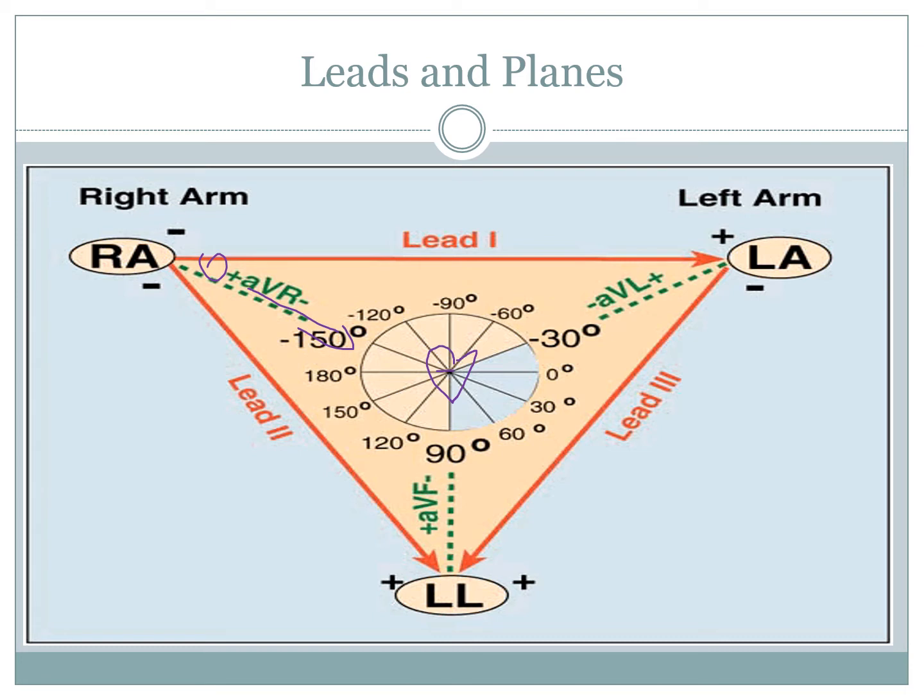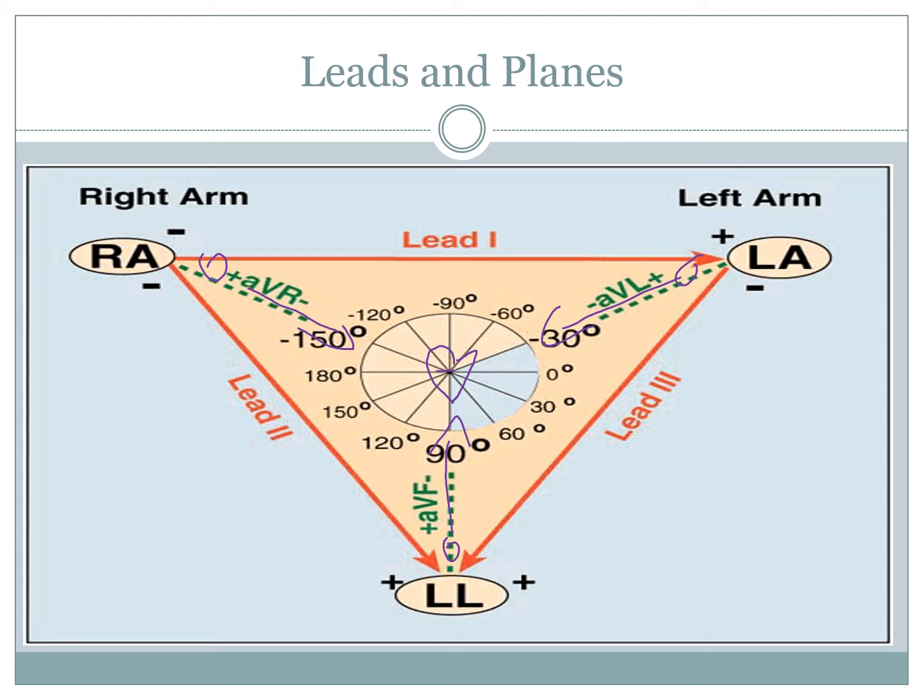AVL connects to the left arm and travels towards the heart, and then AVF connects from the left leg all the way up to the heart. Okay, so the left leg is the positive aspect, and when we're looking at these particular leads, they always start in a positive aspect and travel towards the heart, which is its negative aspect.